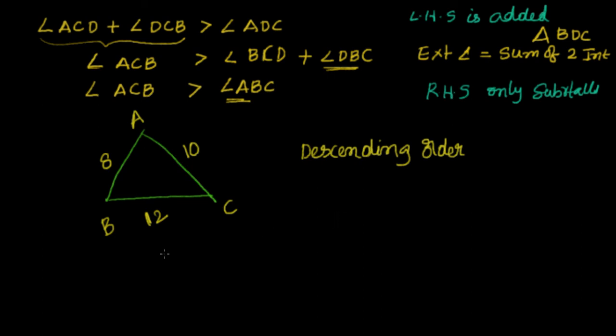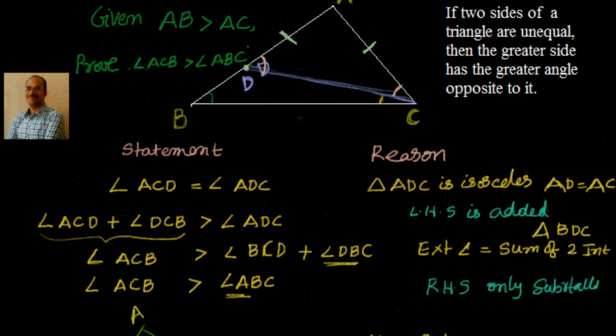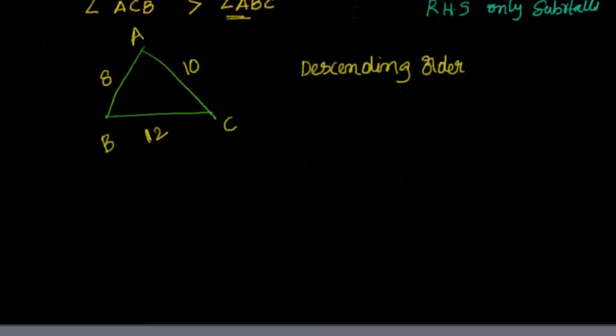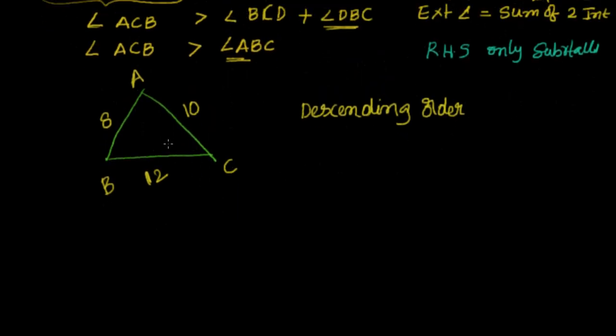With the theorem we understand that if the sides are of unequal length, then the greater side has the greater angle opposite to it. So this side should have the greater angle, the first angle.